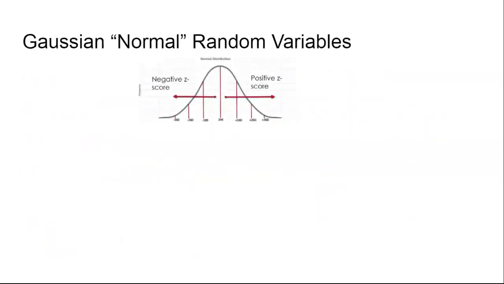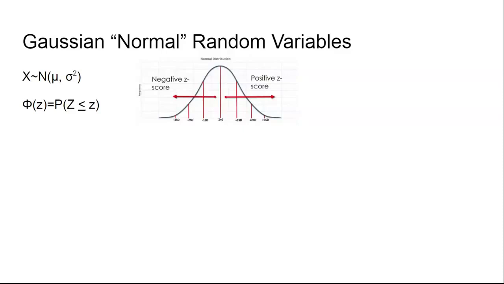Gaussian normal random variables are normally distributed (mu, sigma squared). A normal distribution, symbolized with an N, means that the data is distributed along a bell-shaped curve, like how grades often are. The probability of any given data point, capital Z, being less than a certain value, lowercase c, is symbolized with the Greek letter phi, so we call this phi of z.